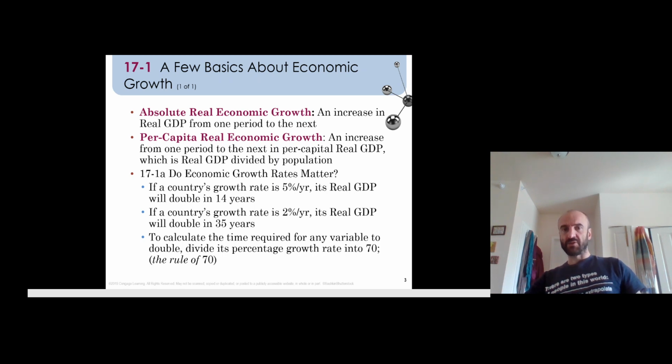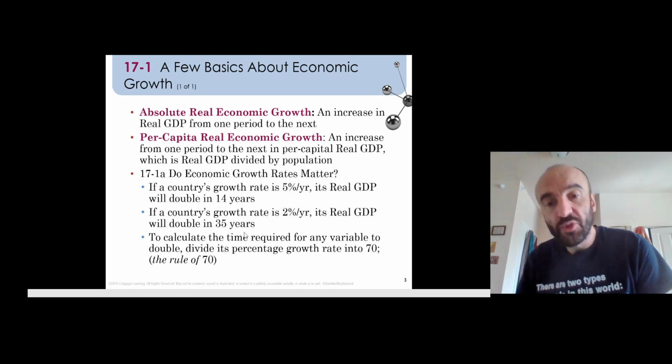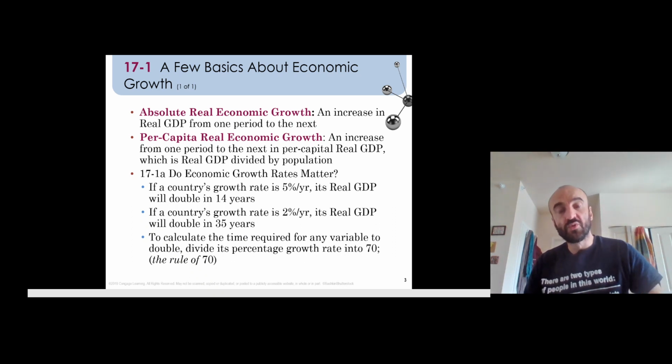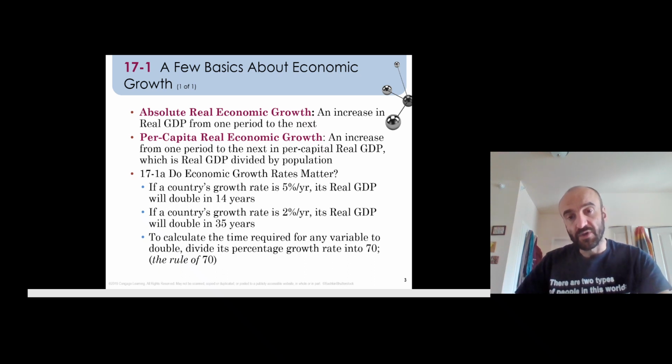So the real standard of living doubles in 14 years if your economy grows by 5%. If it grows by 2%, you will need 35 years. So you will need 35 years to achieve the same results that you achieve in 14 years with a 3 percentage point higher growth rate.